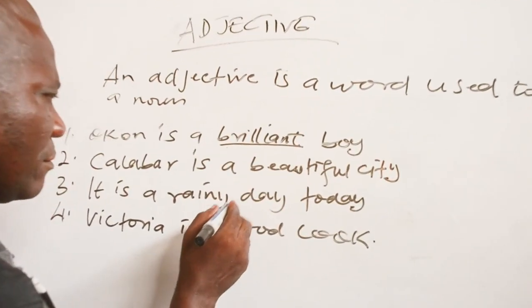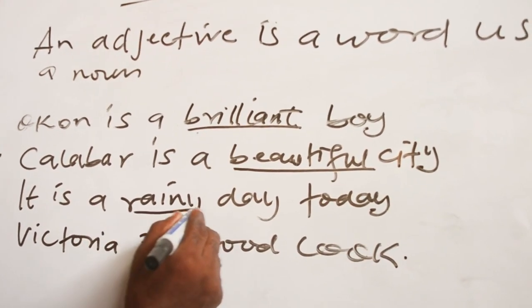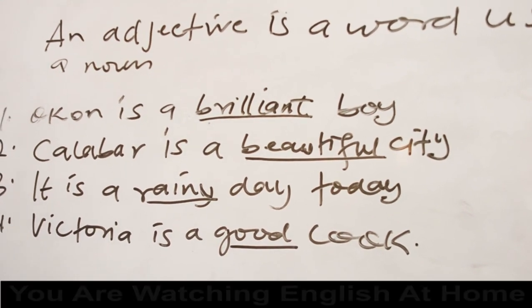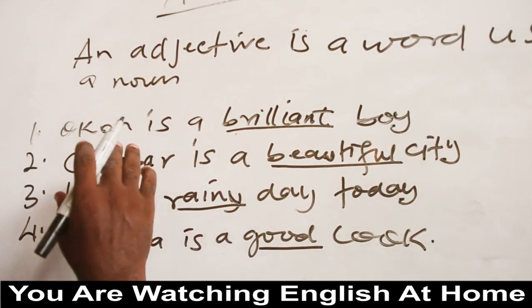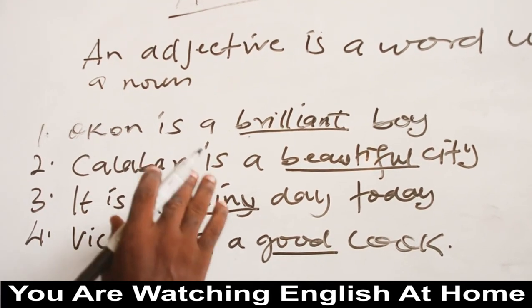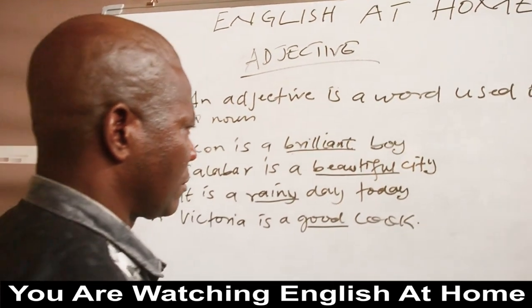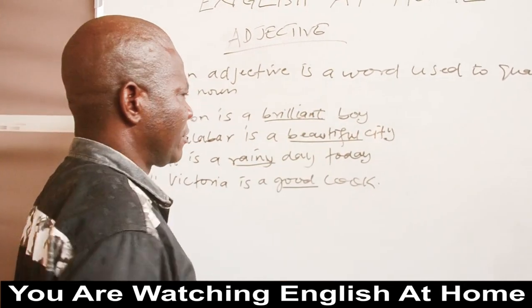Brilliant, beautiful, rainy, and good. So all the words we underlined in the sentences are called adjectives. Okon is a brilliant boy.